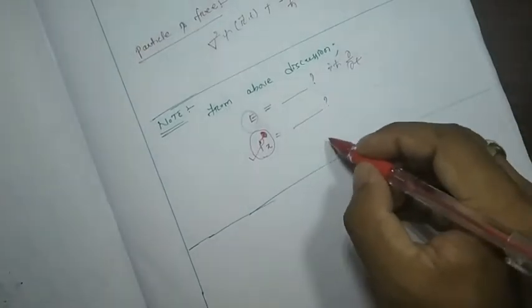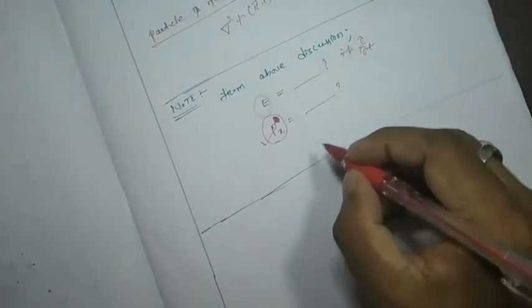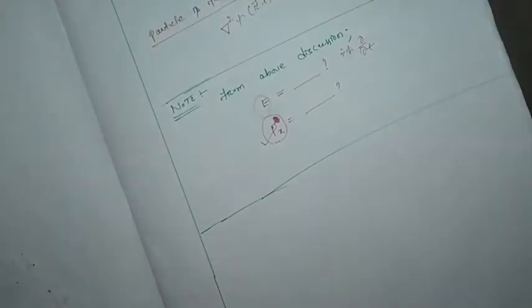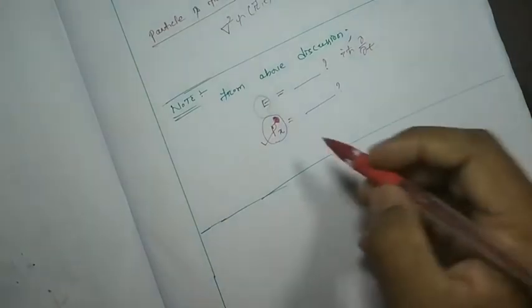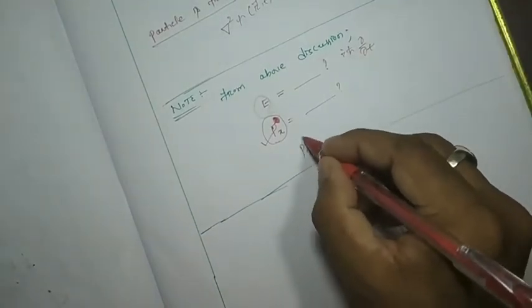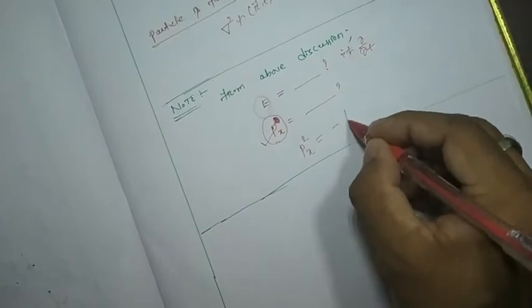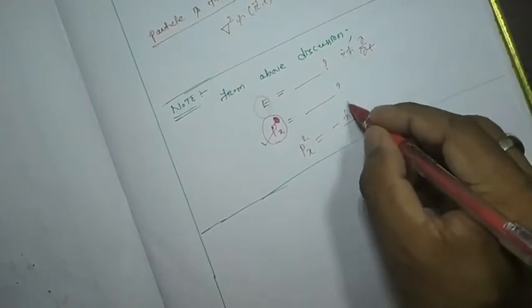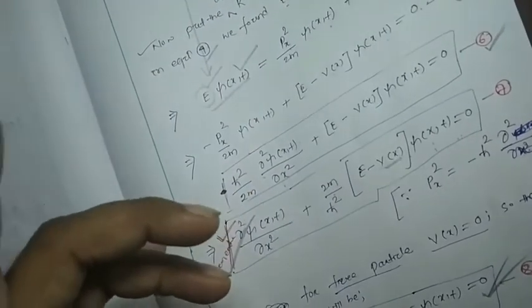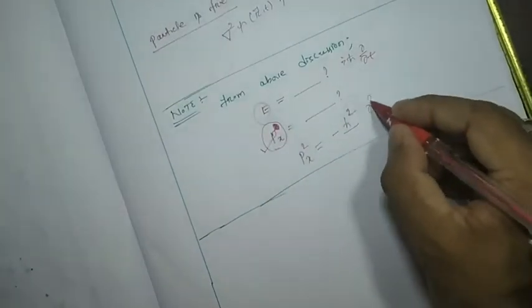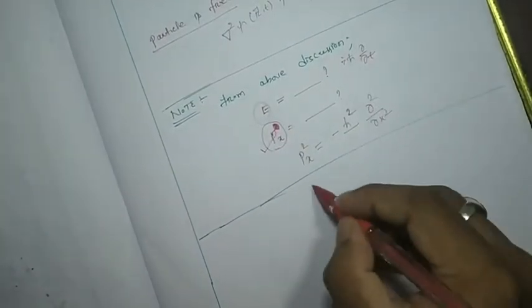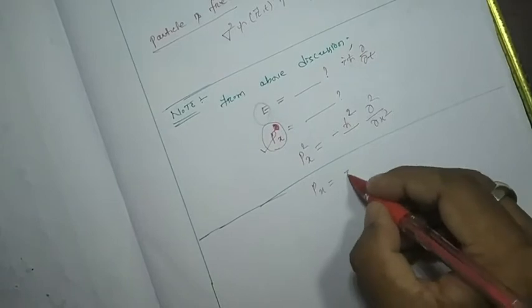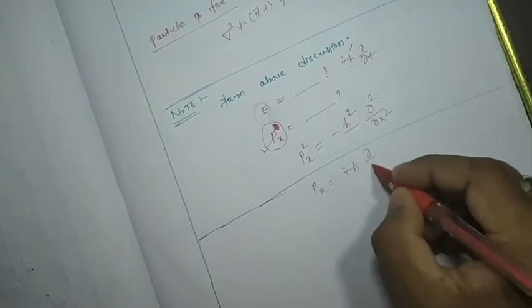So if we consider that term, we can make a simple mistake. I am going to show you. See, if we consider px square is equal to minus h cross square del square by del x square, and the so-called px, somebody can write as i h cross del by del x.